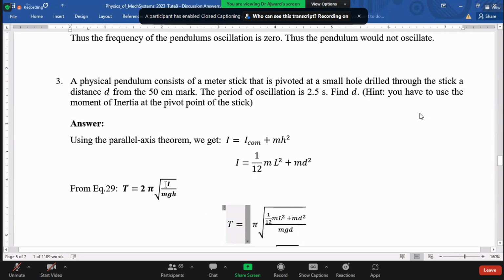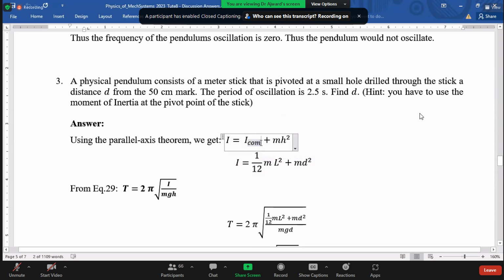But here the inertia I is the inertia not at the center of mass, but at the rotational axis, the pivot axis. So you have to find that using the parallel axis theorem. That is the equation for that.